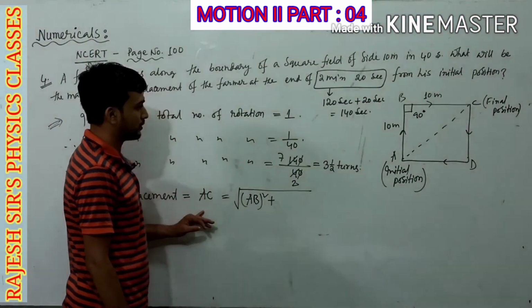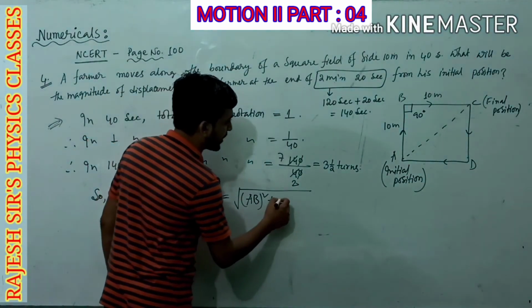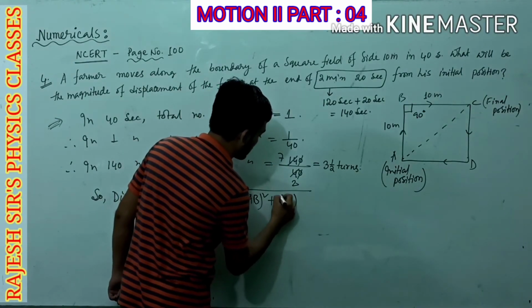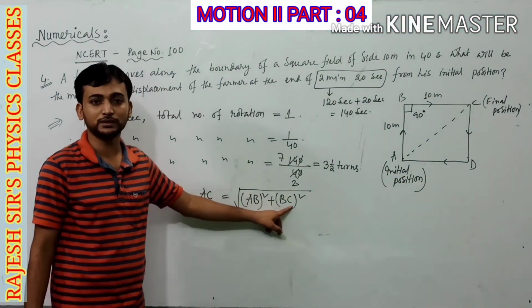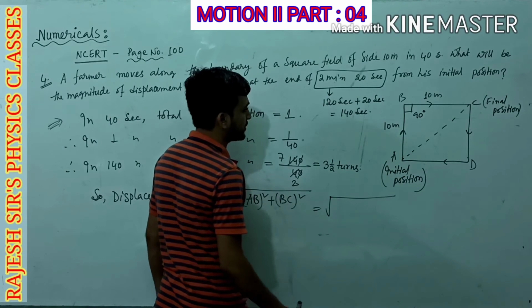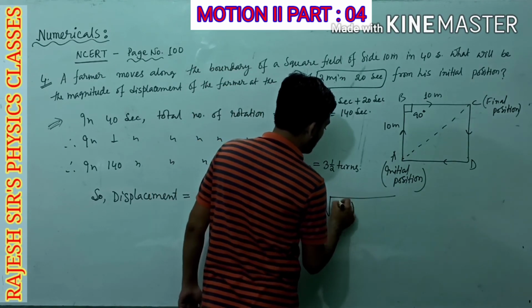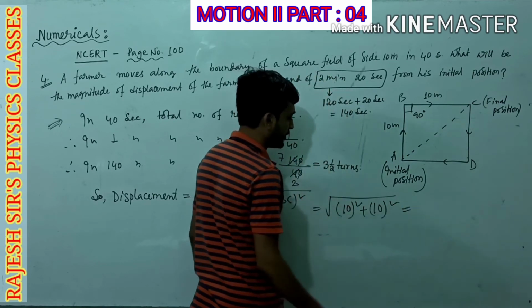So we can use the formula AC equal to root over of AB square plus BC square, means hypotenuse equal to square root of perpendicular square plus base square. Put the values of AB and BC here. AB is equal to 10, BC is also 10, because it is the square field.